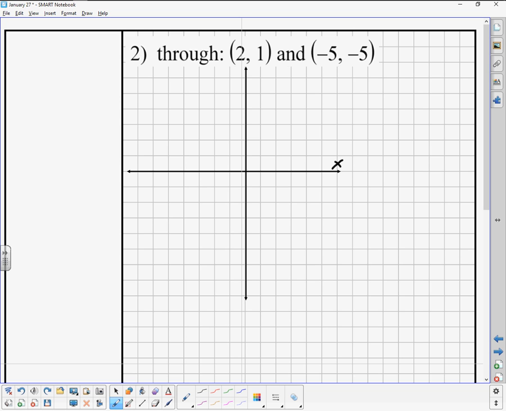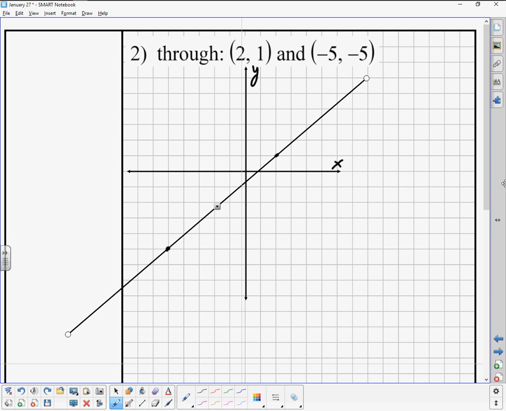This is the x value, and this is the y value. Now, if x is positive 2, you go 2 to the right, and y is positive 1, you go up 1. Next point, x is negative 5: negative 1, 2, 3, 4, 5, and y is negative 5: negative 1, negative 2, negative 3, negative 4, negative 5. Now, connect those points with a straight line, and this is what you're looking for.